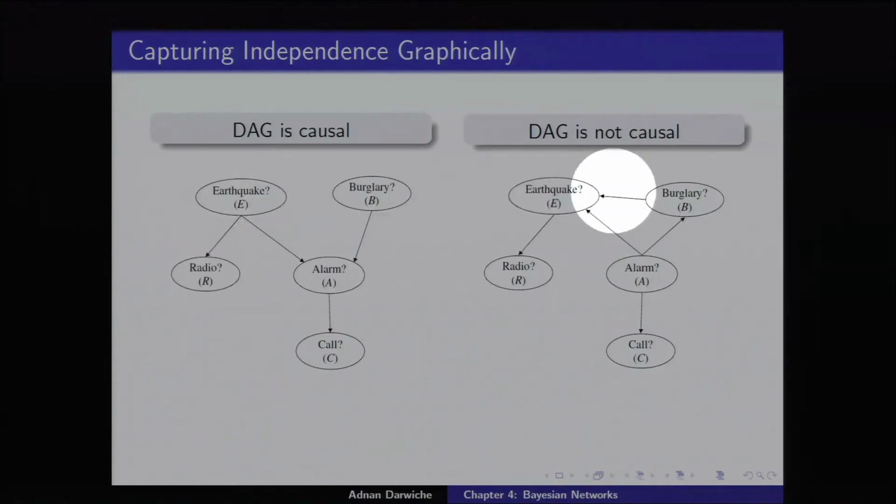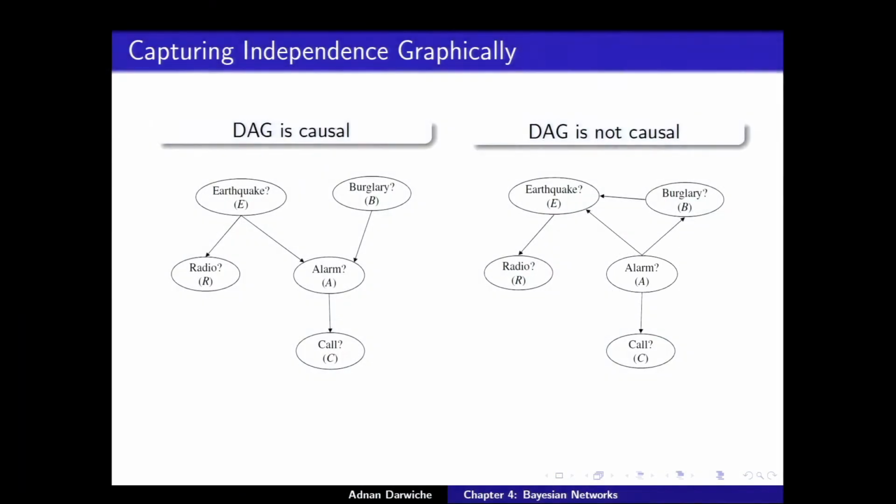Now look at this guy here. This is a DAG over the same set of nodes, but you would not view this as causal, right? You've got alarm pointing to earthquake, causing earthquake, but that doesn't make sense, right? Okay. Here's an interesting observation.